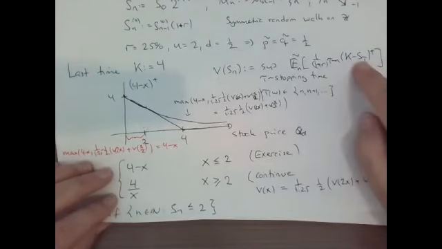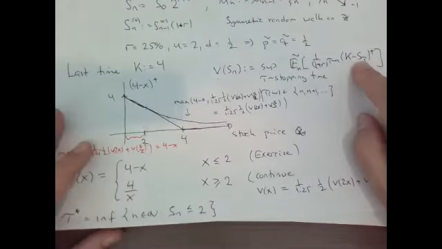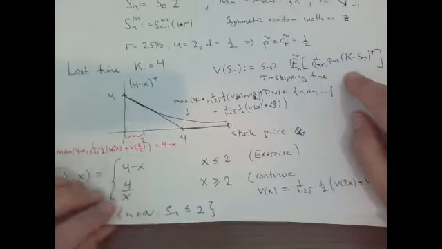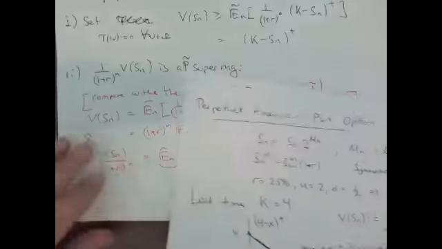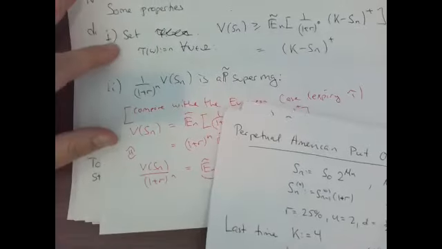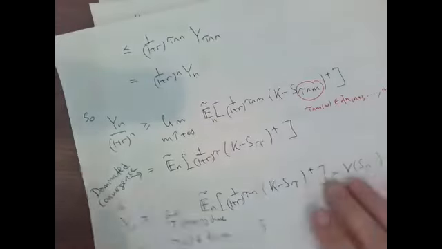So one of them was that it dominates the obstacle, it dominates the hockey stick. The other one was a super martingale property. And then there was also a minimal property. Those were listed here as 1 and 2, and then the last one was this Snell envelope property. Where's page 5?